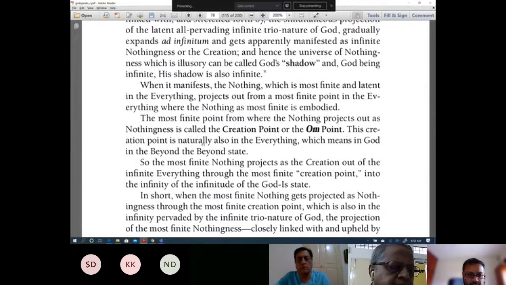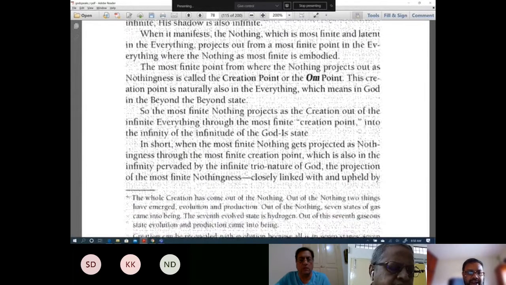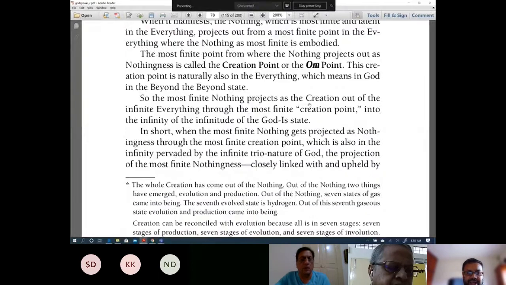This creation point is naturally also in the everything, which means in God, in the beyond state. So the most finite nothing projects as the creation out of the infinite everything through the most finite creation point into the infinitude of God's state.